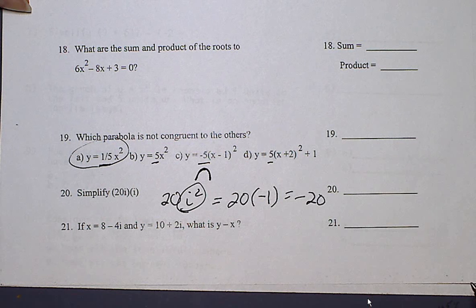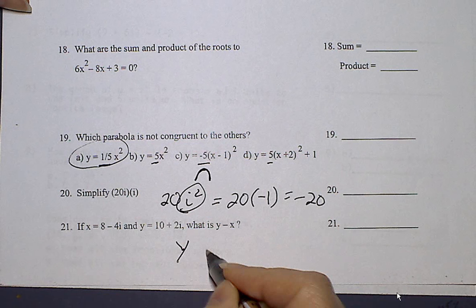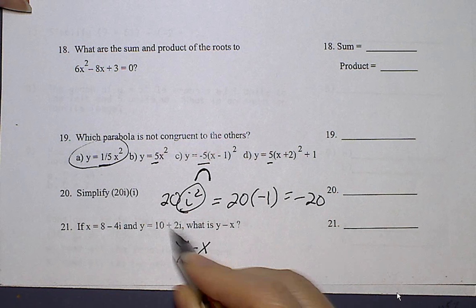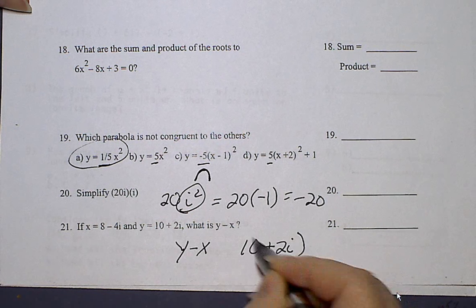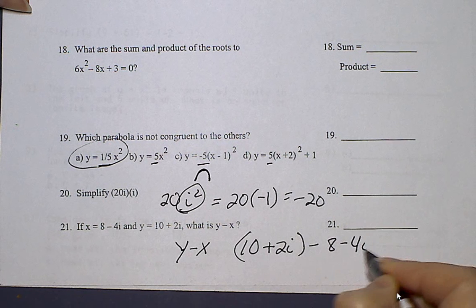And the last one we have is, it says y minus x, so we have y, which is minus x, so we have y is 10 plus 2i, and we're going to minus 8 minus 4i. Alright?